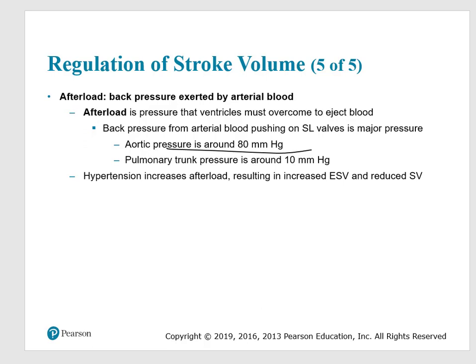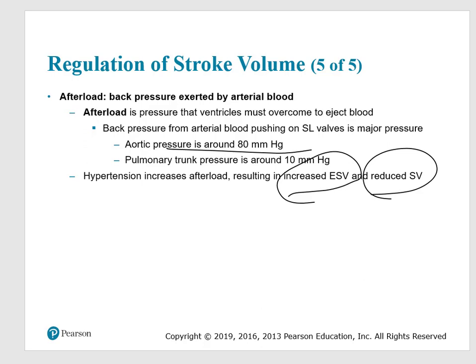It applies to the right side of your heart as well. So with afterload, hypertension increases the afterload, which increases the left behind blood in the ventricles from 50 higher up, and when it increases the ESV, automatically it reduces the SV.